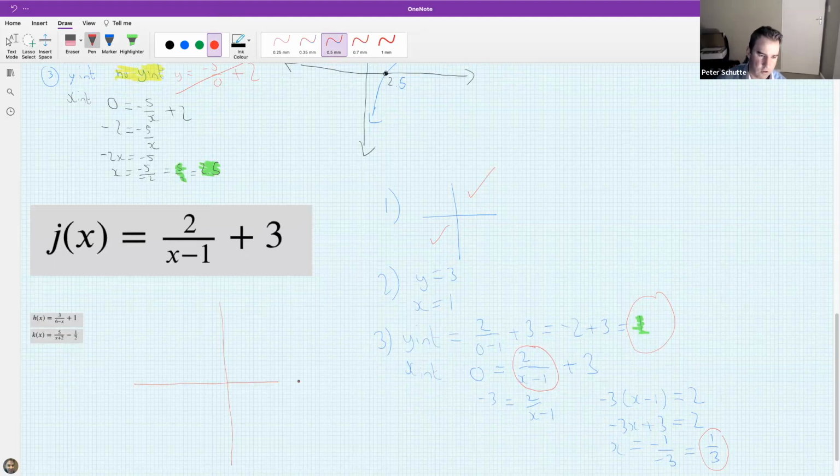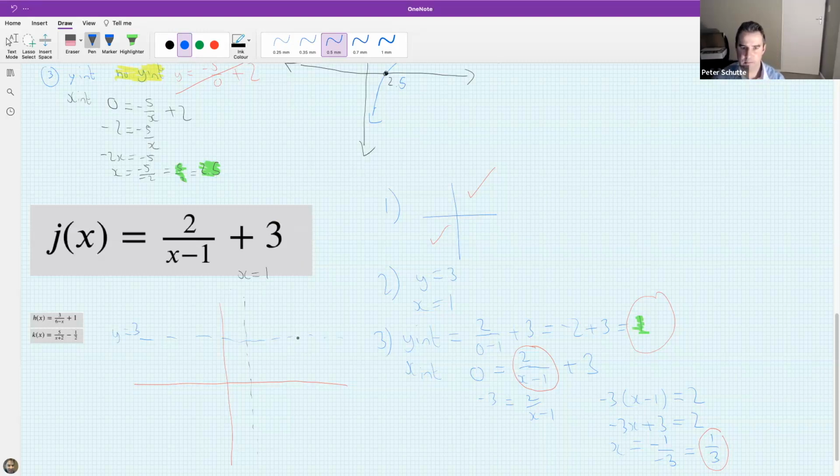So to draw this, we are just going to say y is 3, like that. And then we are going to say that x is 1, which is going to be here. So we're going to say x is 1 and y is 3.